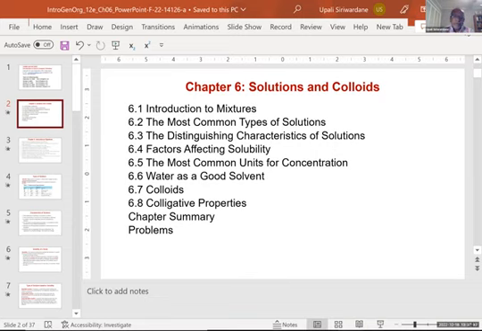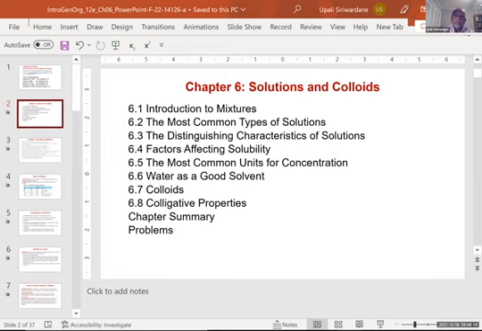We're going to talk about that in section 6.7, the 7th section of chapter 6, about colloids. We will wait till then to discuss particle sizes and how they make colloids different from most of the homogeneous mixtures, which are solutions.